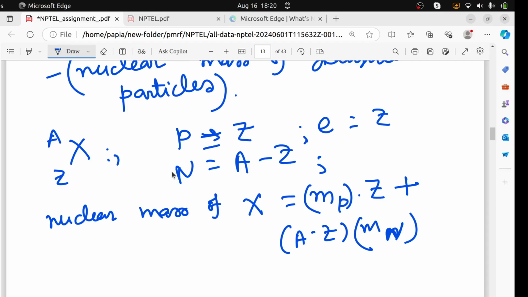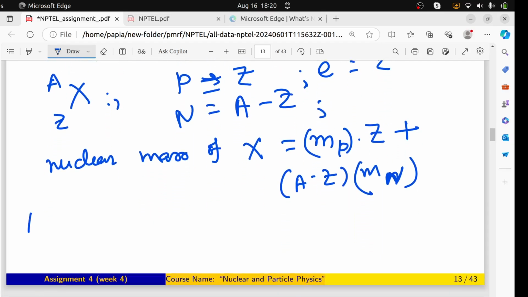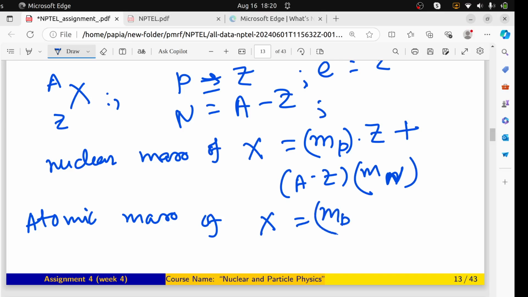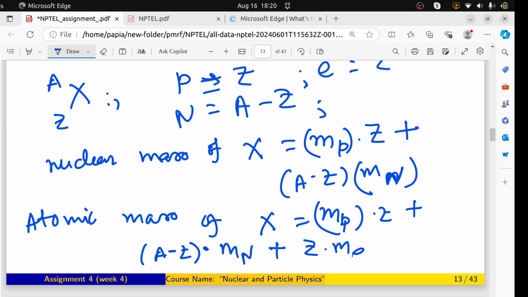Now coming to the atomic mass. What will the atomic mass be? The atomic mass of X will have the same terms, MP into Z plus A minus Z into Mn. Then with that there will be one more term added, which is Z into Me.